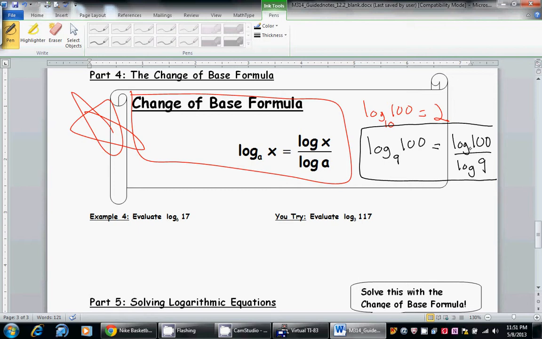Common log, because there is no base written, this is actually base 10. Divided by the log of 9, again, is the same base 10. Now, the reason why I'm picking base 10 is because this is the base your calculator can do. So if I want to evaluate log 100 base 9, I'm going to convert it to base 10 here.